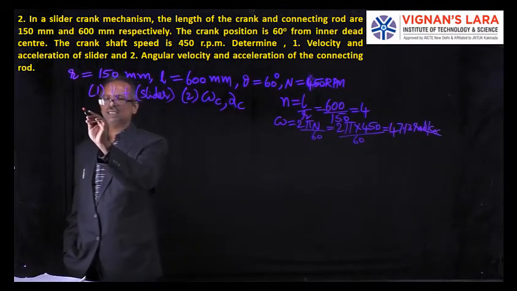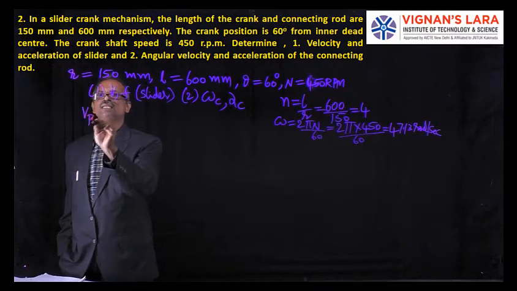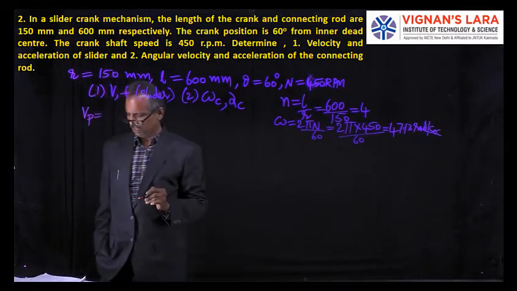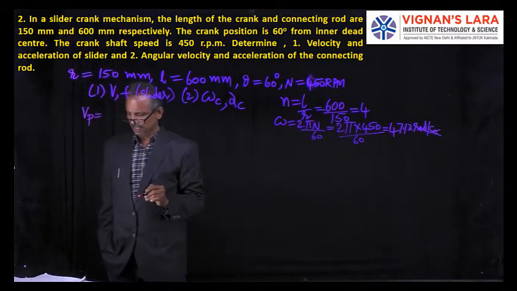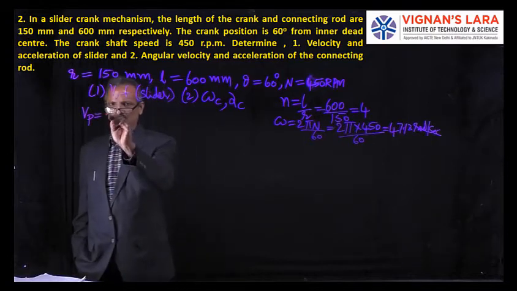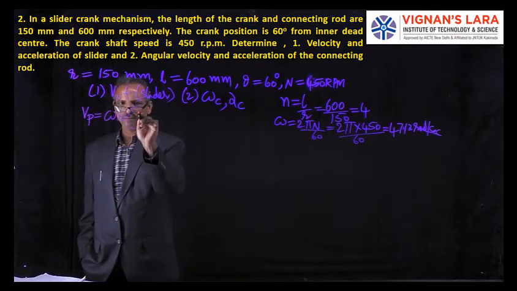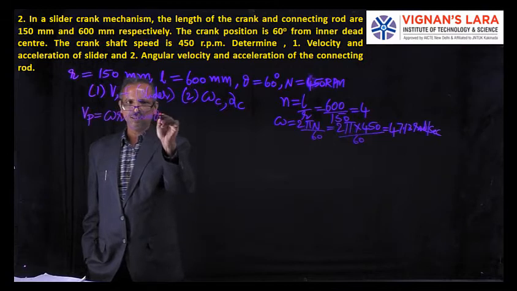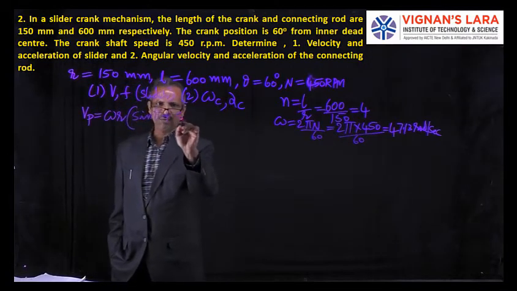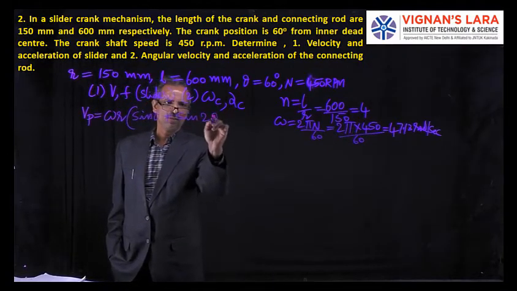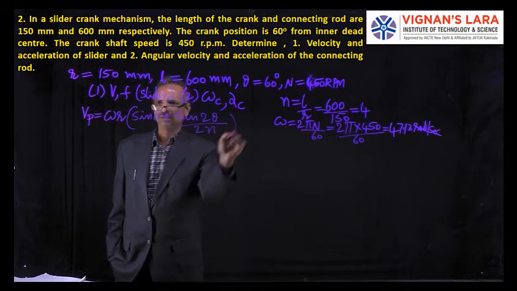So velocity of slider is nothing but the piston velocity Vp. You are aware of the equation: omega R into sin theta plus sin 2 theta by 2n. Direct substitution.